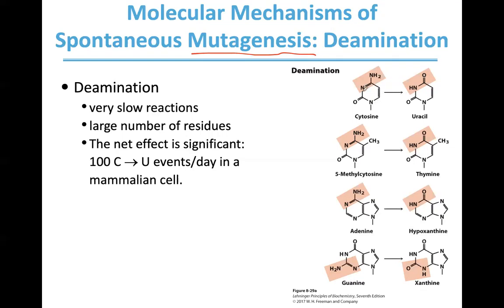Now, the first reaction, cytosine to uracil, these deamination reactions are quite common, right? And so the first reaction is extremely important. And that's probably the reason why DNA does not have uracil. Instead, DNA has thymine.